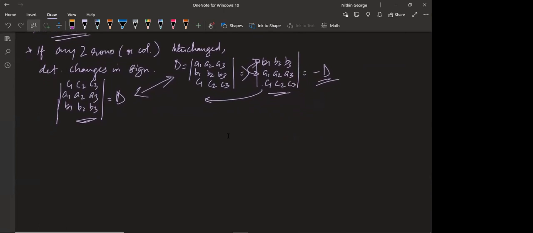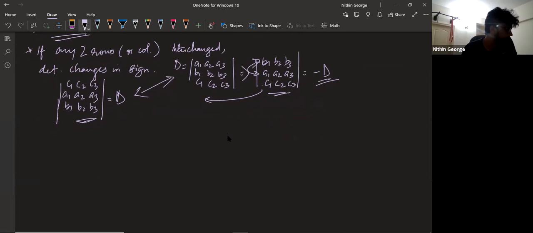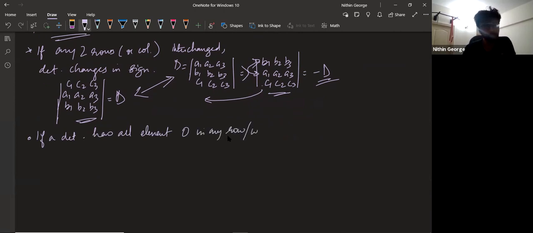Now, if a determinant has all elements 0 in any row or column, then D is equal to 0.